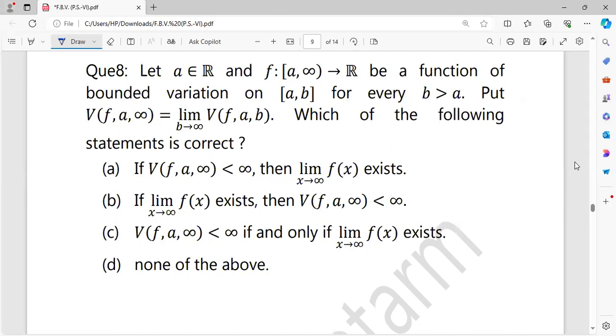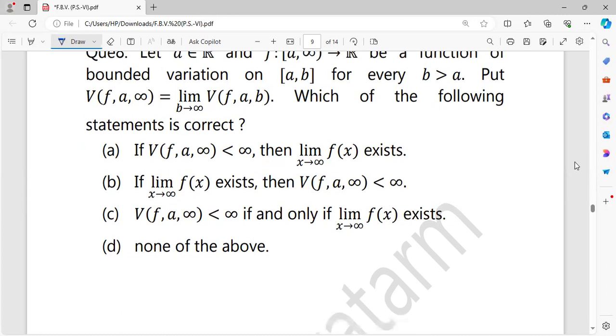Which of the following statements is correct? If this variation is finite, then the limit of f exists at infinity. If the limit at infinity exists, then V f [a, infinity) is finite. Option C is: V f [a, infinity) is finite if and only if the limit exists at infinity. D option is none of the above.